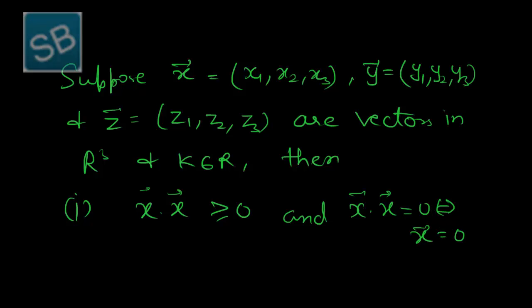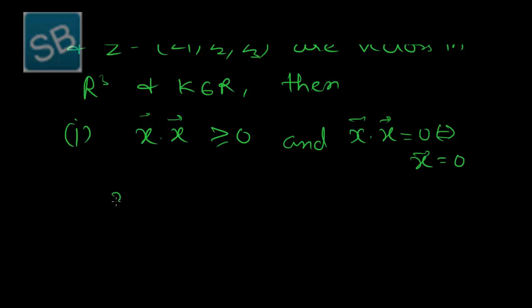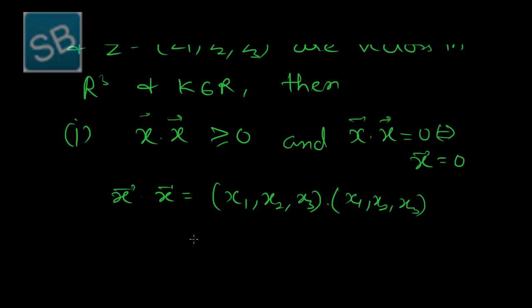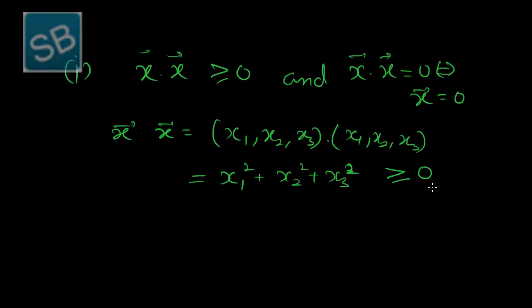That is, if we take x dot x, that is x1, x2, x3 dot x1, x2, x3, it is equal to x1 square plus x2 square plus x3 square. As it is a sum of squares, it is greater than or equal to 0. Therefore, x dot x greater than or equal to 0 is proved.